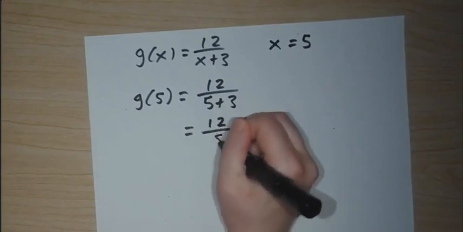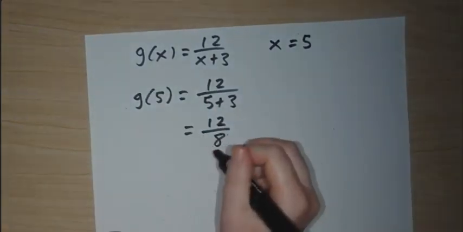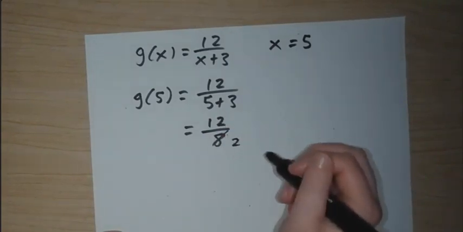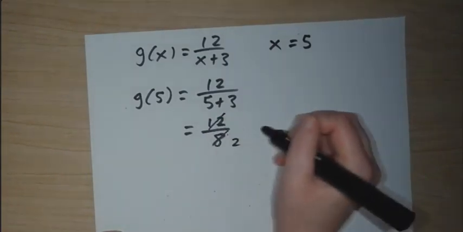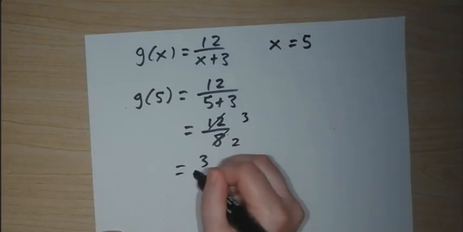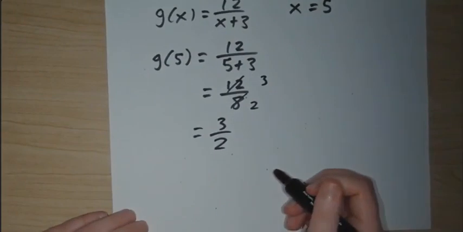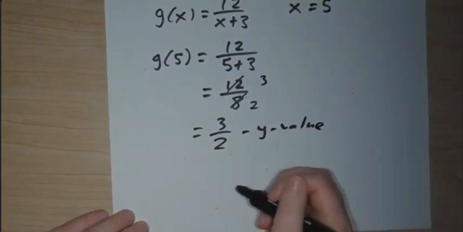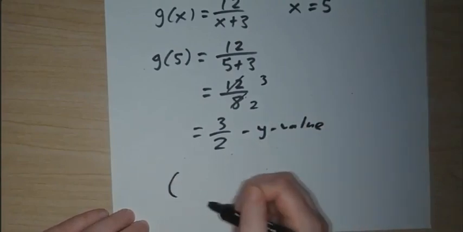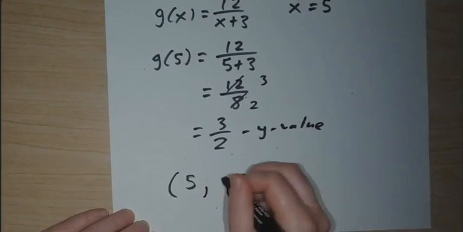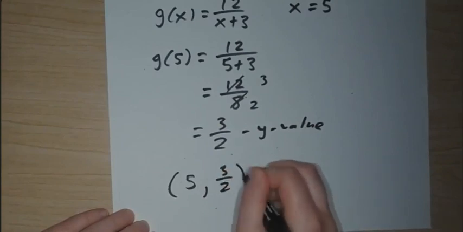That's 12 over 8, and these have a common factor of 4. Taking the 4 out of 8, we have 2, and taking the 4 out of 12, we have 3. So this is equal to 3 halves, and this is our y value. So we have a point of intersection of f of x and g of x at (5, 3 over 2).